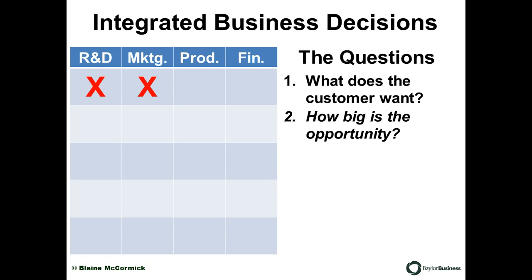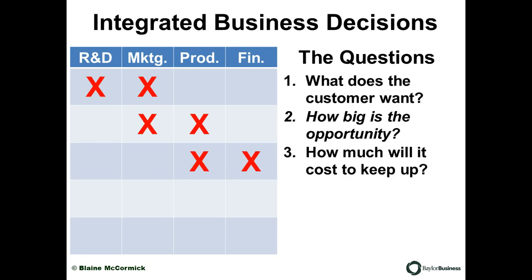If we start looking at how big this opportunity is going to get, this helps us position our marketing and production, the supply that we create to meet that demand. Helps us position those and integrate those with one another. How much will it cost to keep up? The more production we have to build, we have to get money for that from somewhere. That helps us integrate our production and finance operations there.